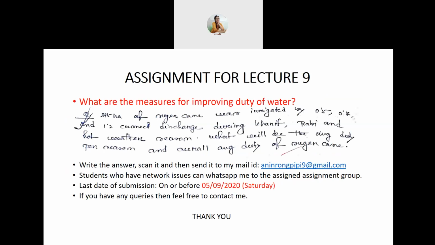So what will be the average duty per season and the overall average duty of sugarcane? So here you have to find out two things: average duty per season and overall average duty of sugarcane. Okay, so this too is your assignment. You can complete it and you can submit it to me.